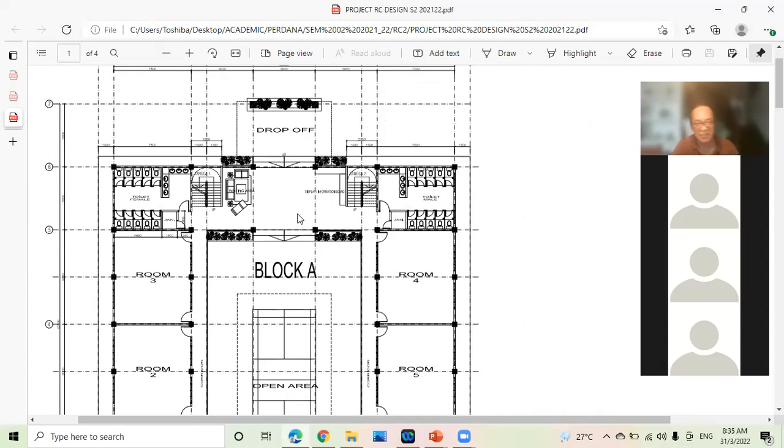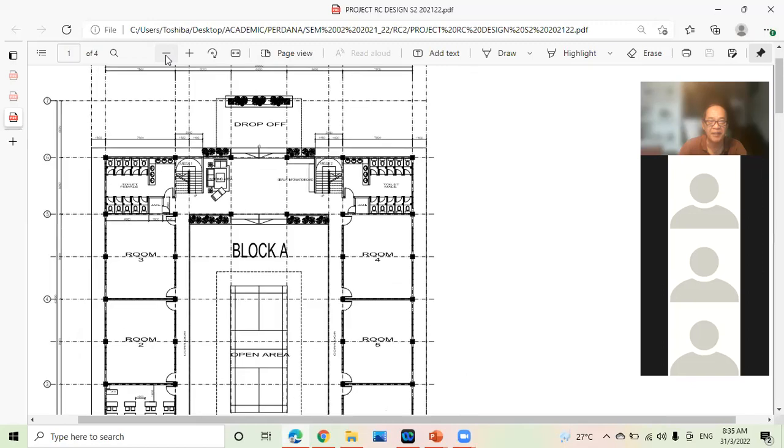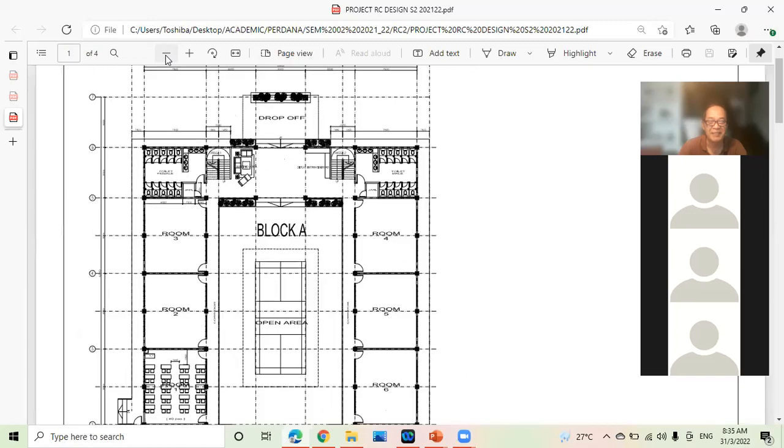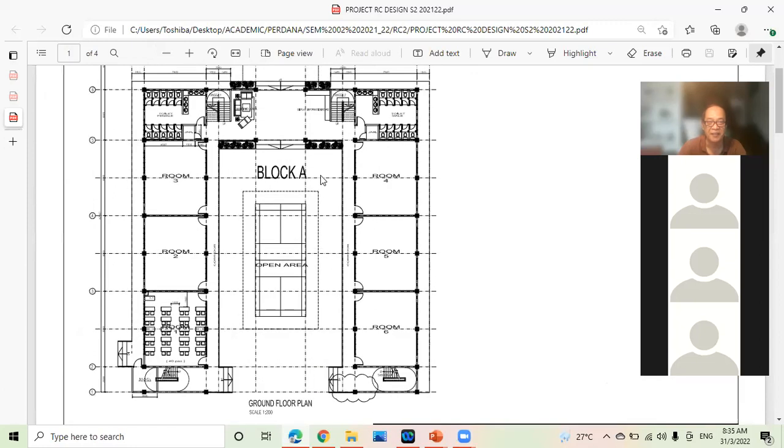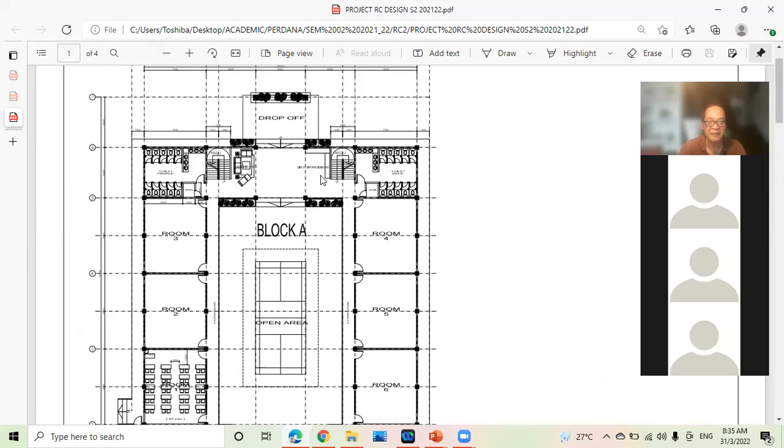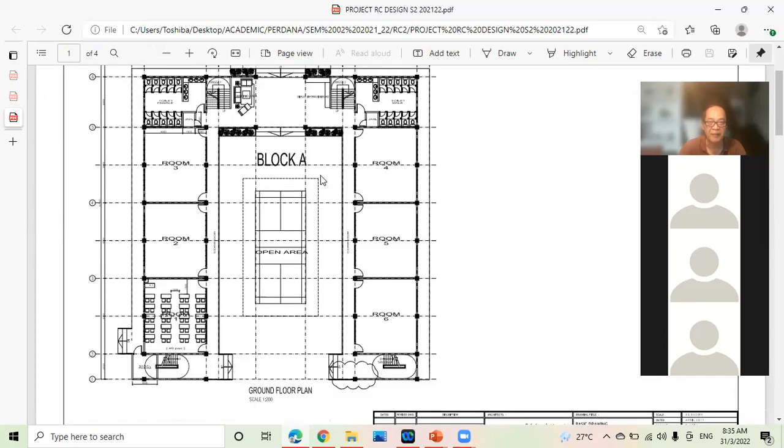So all the 3 sections are using the same building ataupun referring to the same building that we are going to use as our RC2 project. So the building consists of basically, kalau siapa yang belum tengok tu, a school building, bangunan sekolah. It is a 2-story building, and what is given sebenarnya is a plan view.